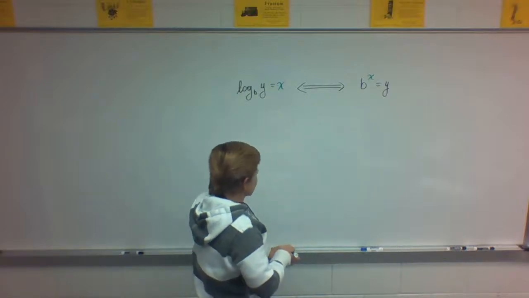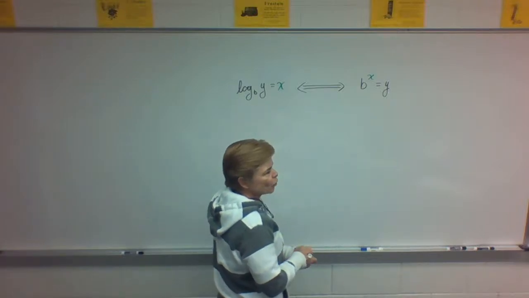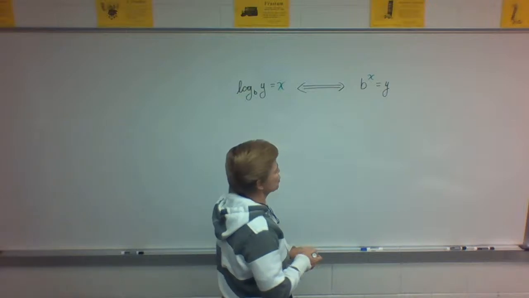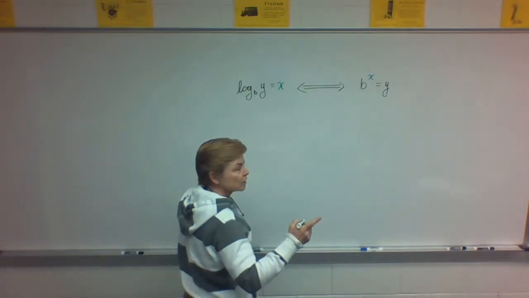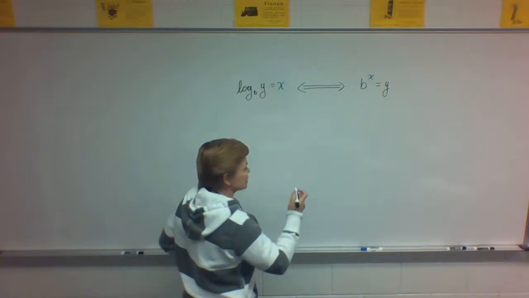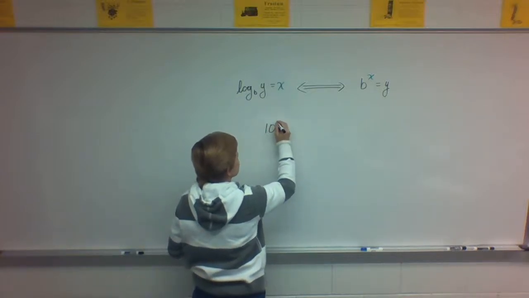Let me drive this home just a little bit more. Logarithms were generated and worked on and thought about and studied, and big huge tables were generated in the old days before calculators came along, to answer very specifically questions like this. 10 to the x, no, other way around.